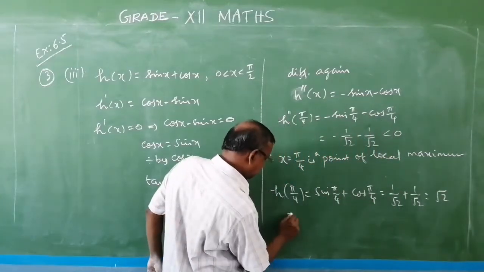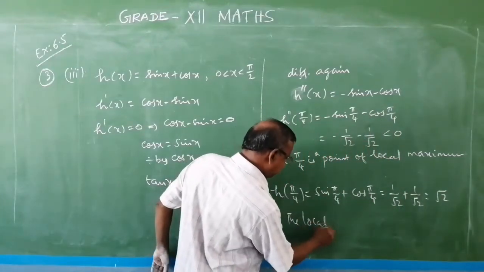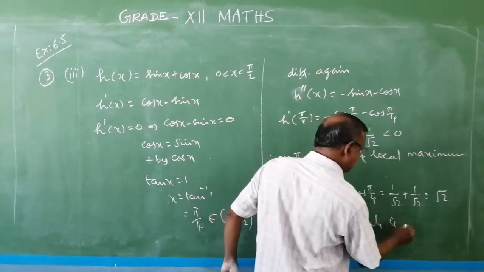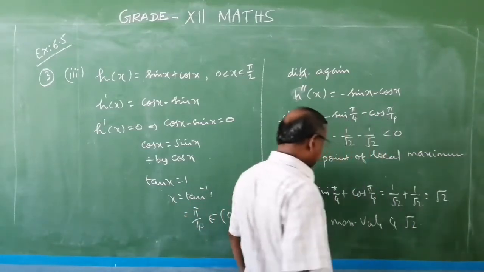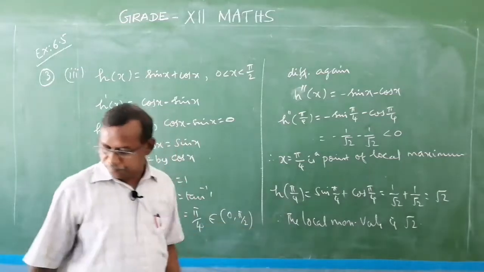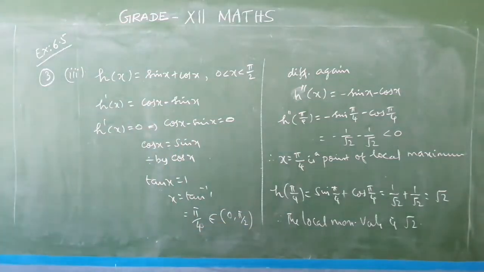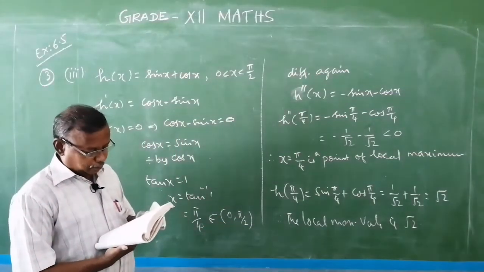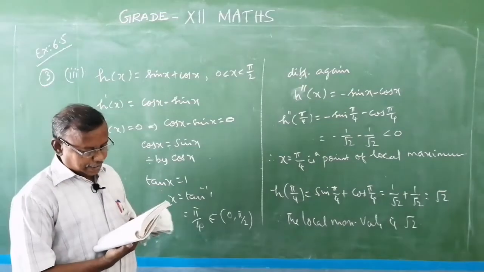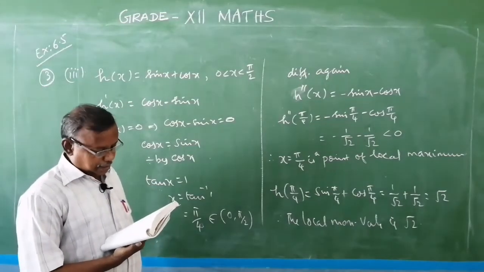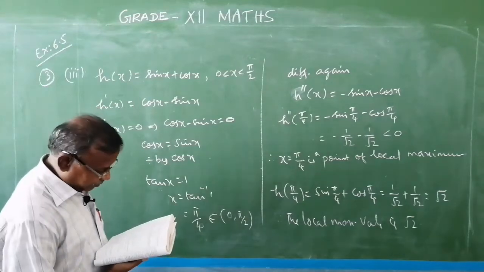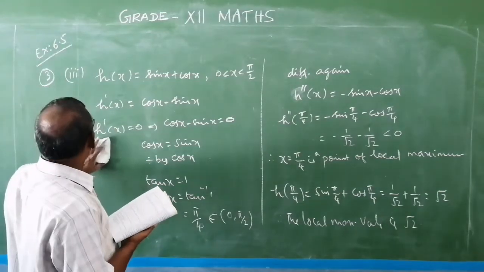Therefore, the local maximum value is root 2 attained at pi by 4. The fourth and fifth are, I hope, easy, so you can solve them, and if you have any doubt you can contact us. So, let me go to subdivision 6.